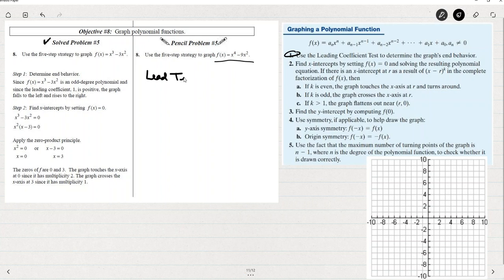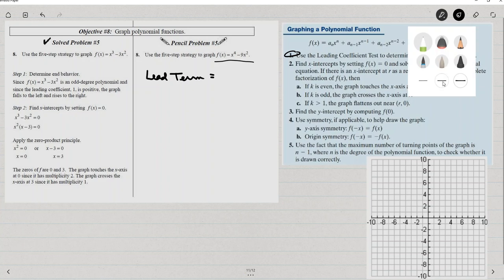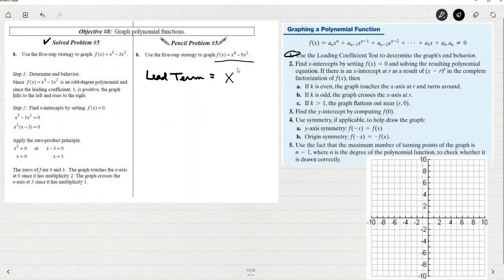The lead term is 1x to the 4th. That is an even degree with a positive coefficient.